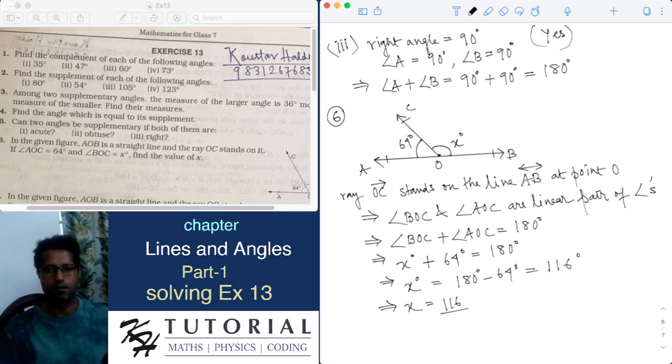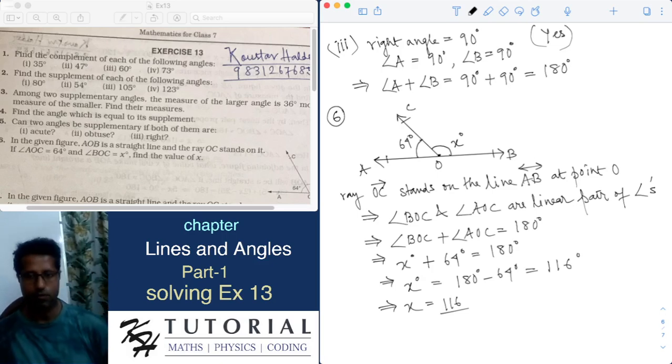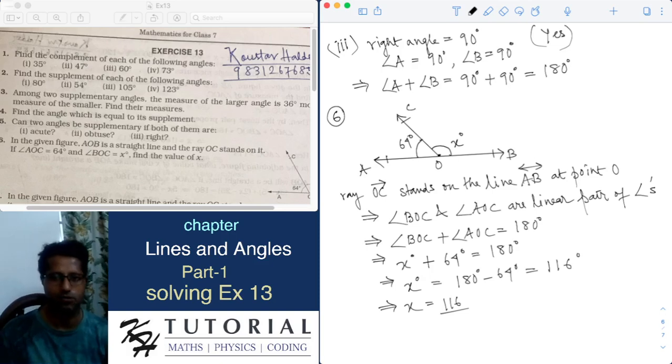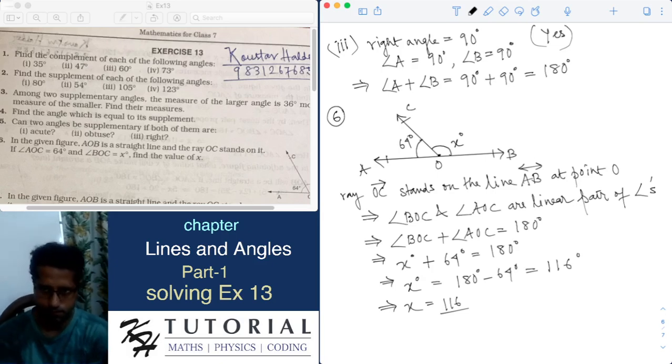Now please remember, the value of x is 116, not 116 degree, because it has already mentioned that angle BOC is being referred to as x degree. So x will be a number, which is 116.